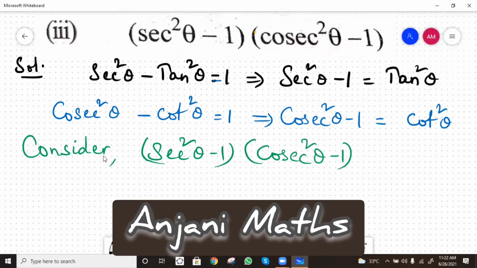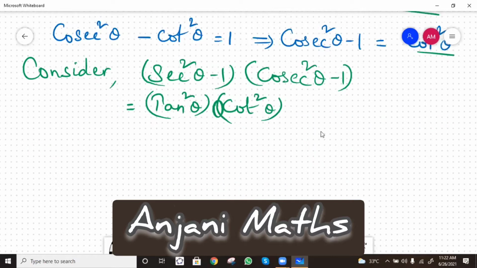That's what they asked. So what is secant square theta minus 1? It's nothing but tan square theta into, what is cosecant square theta minus 1? It's nothing but cot square theta.